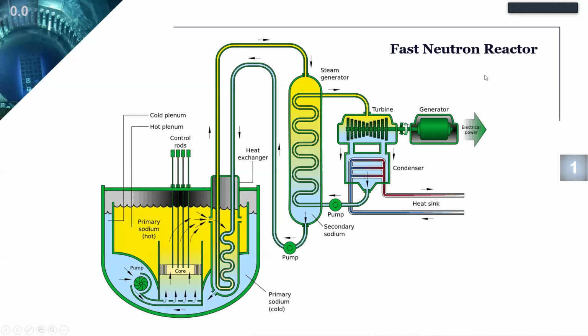So in that sense, we don't need to subject this material to the enrichment process, which is also a very crucial stage in the entire nuclear cycle. So in a fast neutron reactor, as you can see on the diagram, we are using a liquid metal as a coolant.